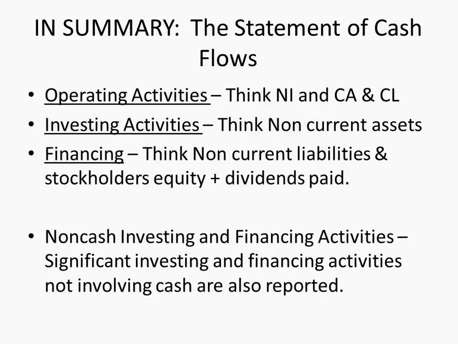But without getting too far ahead, in the investing section, do you remember what I told you to think about? Non-current assets. And so I had said things like proceeds from sale of a fixed asset. Think non-current assets.